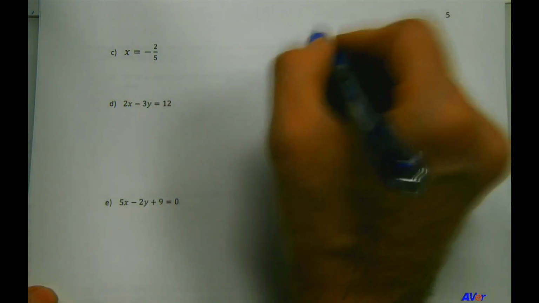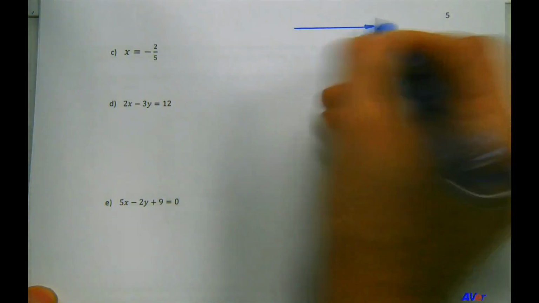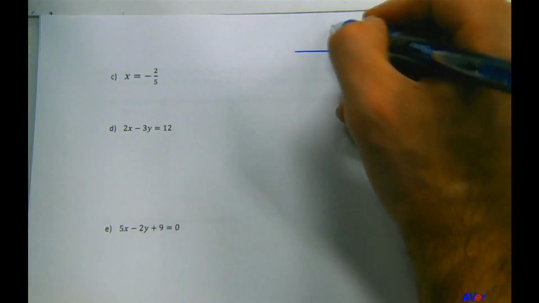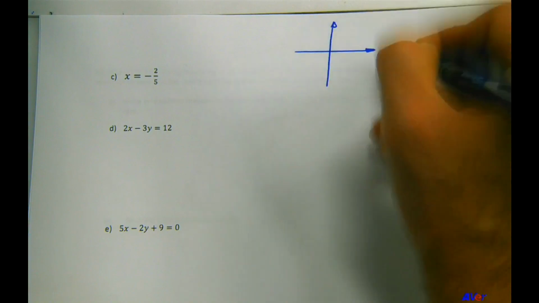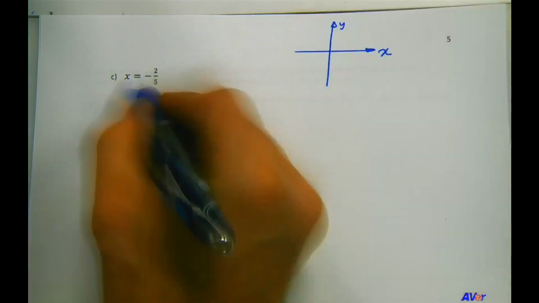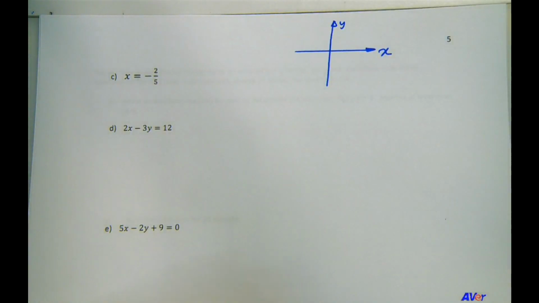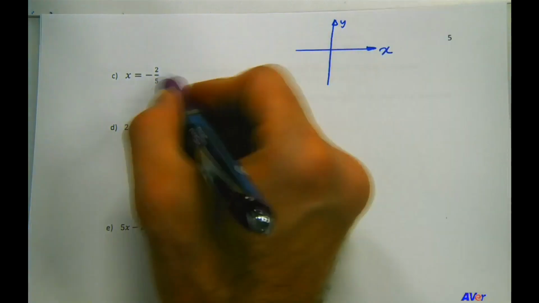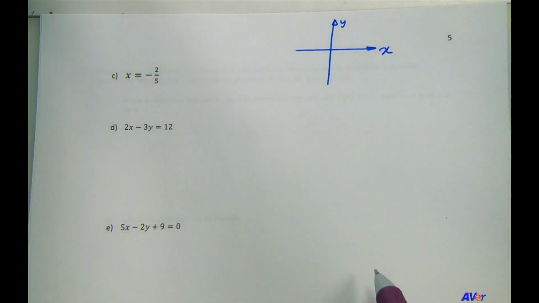So this x equals minus 2/5, that is a vertical line, right? I have enough room here so I can draw a little sketch of it. X equals negative 2/5. Negative 2/5 is a little less than 1/2, right?